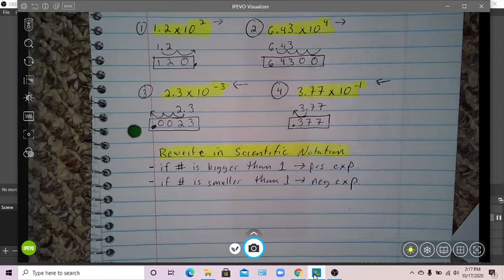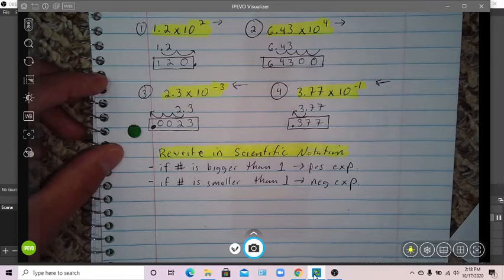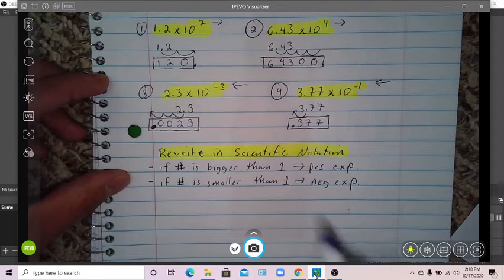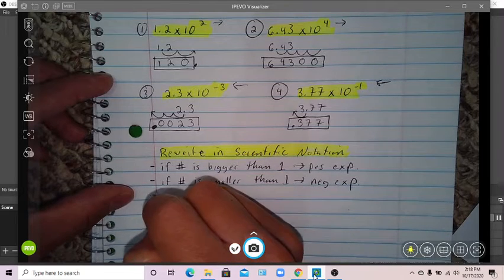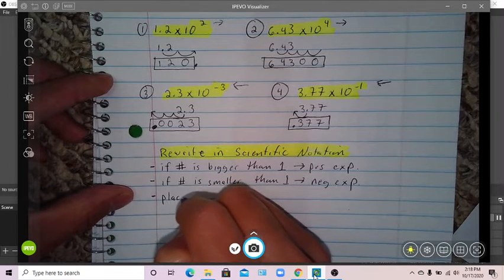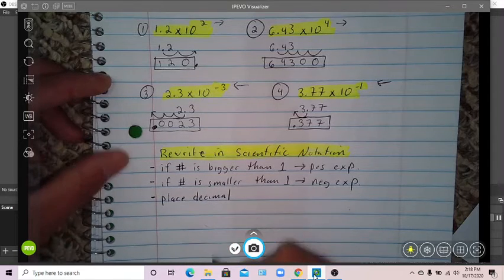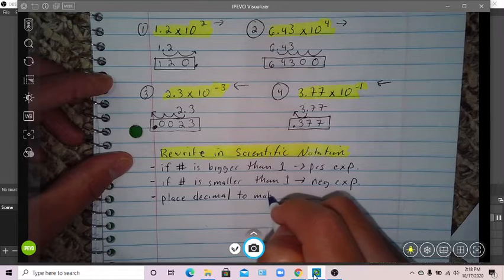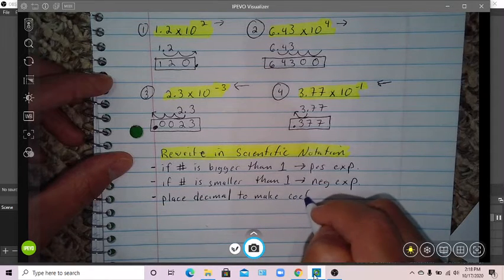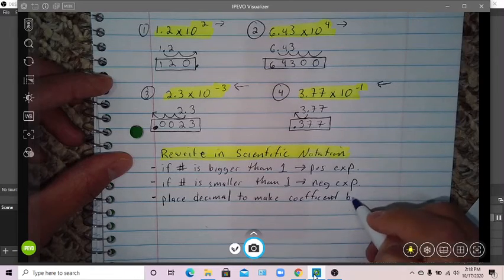All right. So after that, you need to place the decimal to make the coefficient between 1 and 10.